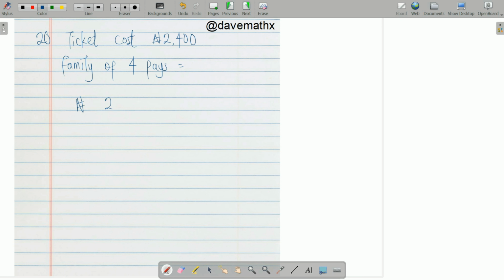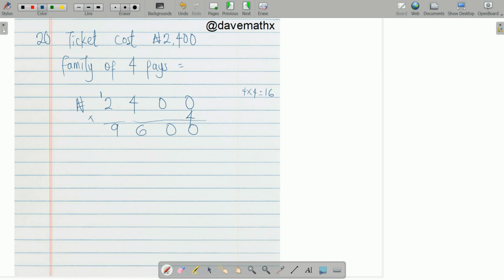Since we know the cost of 1 ticket to be 2,400 naira, the cost of 4 family members becomes 2,400 times 4. 4 times 0 is 0. 4 times 4 is 16. We write 6 and keep the 1 at the top of the other number. 4 times 2 is 8.